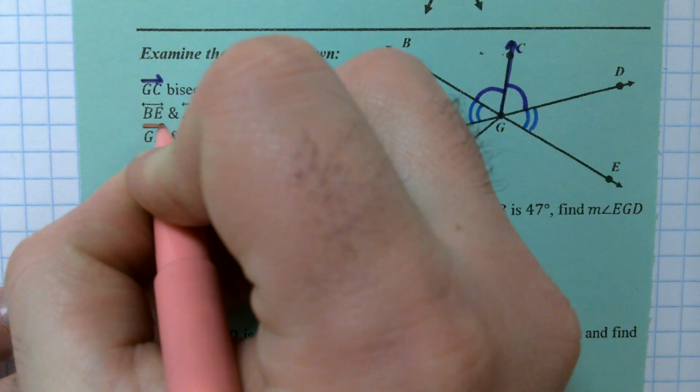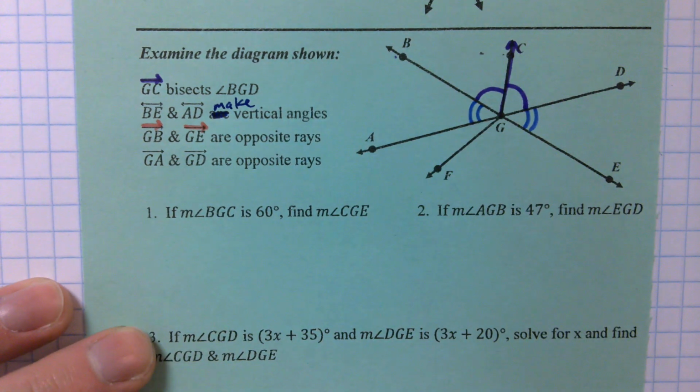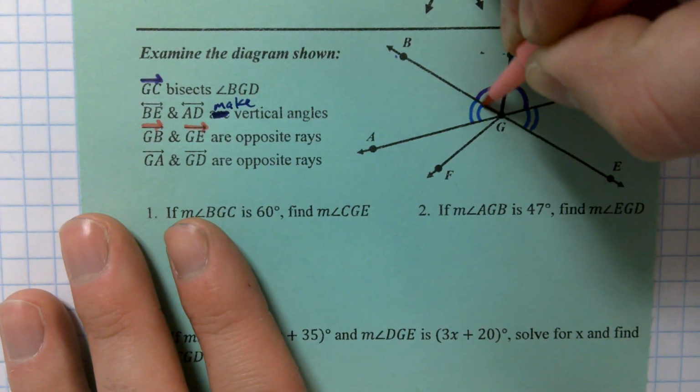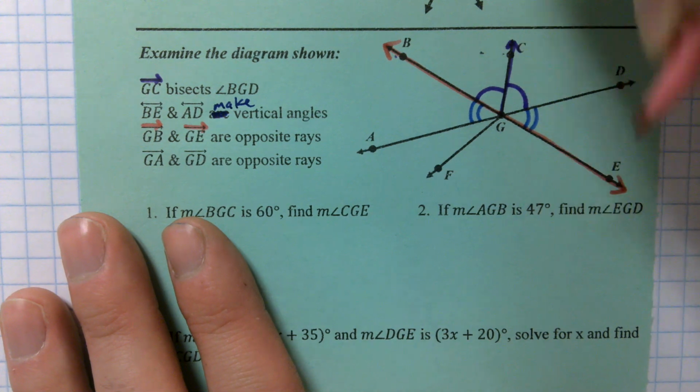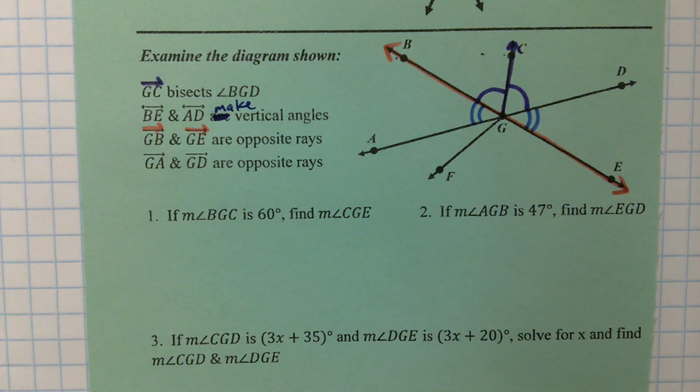Okay, we also find out that GB and GE are opposite rays. That's GB and GE. If I look back at my definition for a linear pair, what do I know about opposite rays?